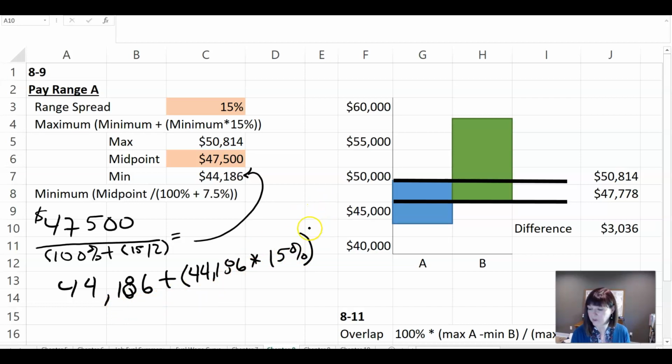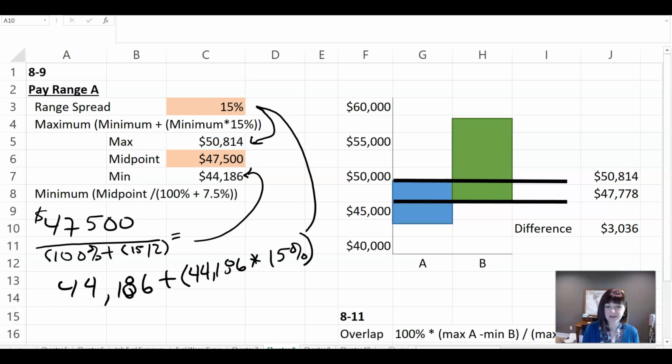And that is what gets you there. I'm not very good with my pen yet, can you tell? Anyway, that makes sense because the minimum to the maximum is the spread. If you think about it backwards, the spread is maximum minus minimum divided by minimum. So all we're doing is reconfiguring that, all right?